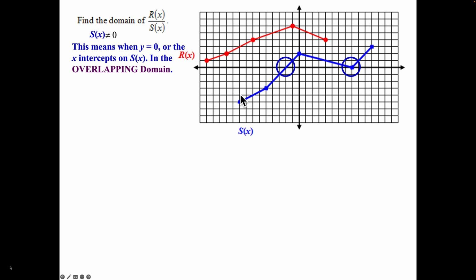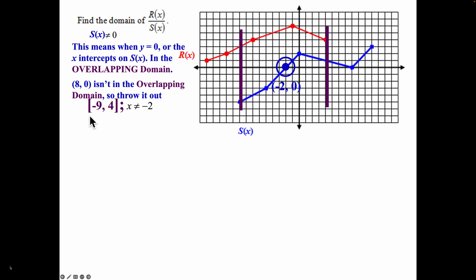We're going to go -9 to 4. And we do have 2 x-intercepts, but only one of them is in between our overlapping graphs. So we don't have to worry about this one. This 8 doesn't fall in my domain from -9 to 4. But this -2 does.